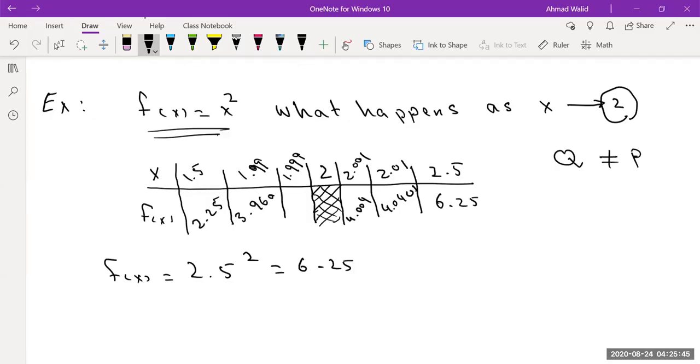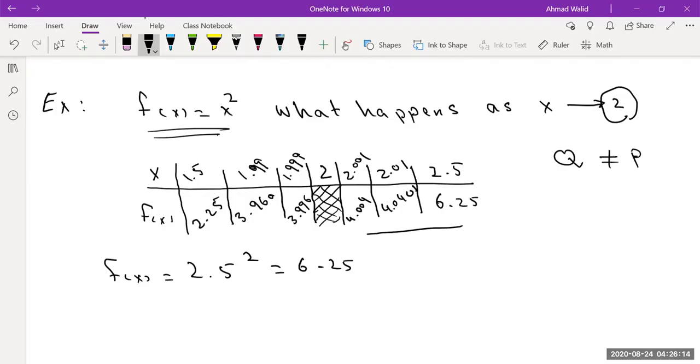And if I plug in 1.999 and I square it, it gives me 3.996, which is really, really close to 4.